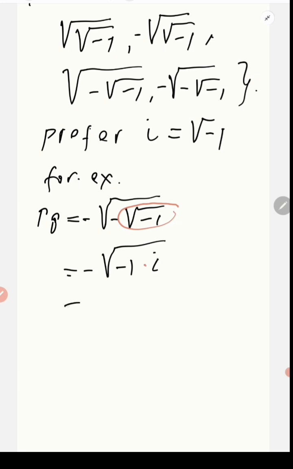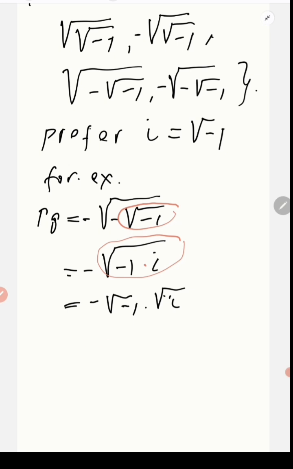Then minus square root of minus 1 times square root of i.